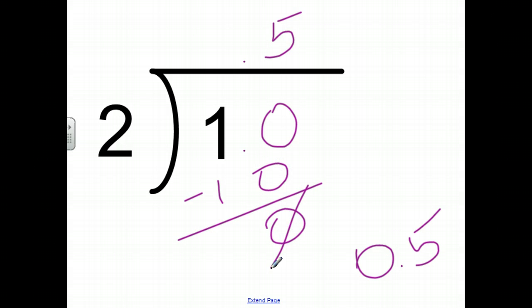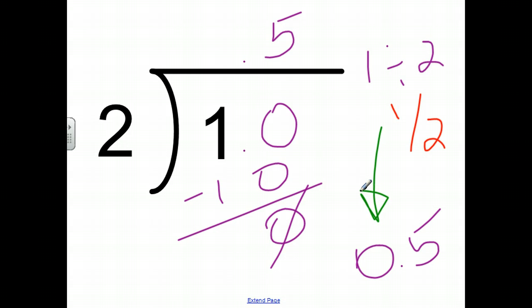Because we can go on with zeros forever, all we get is 0.50000000000. You get the idea. So 1 divided by 2, which is the same as 1/2, is the same as 5/10, or 0.5, properly called, using place value, 5/10.